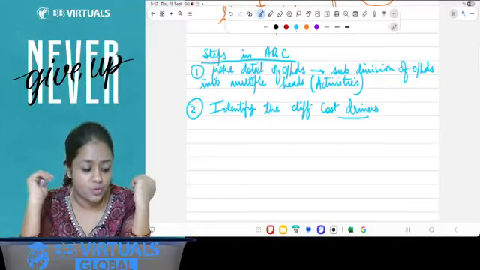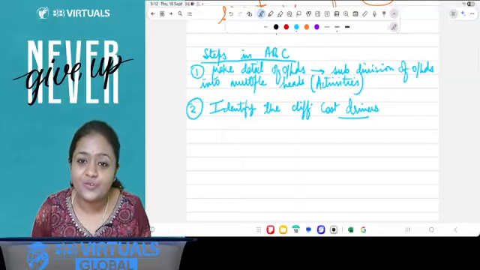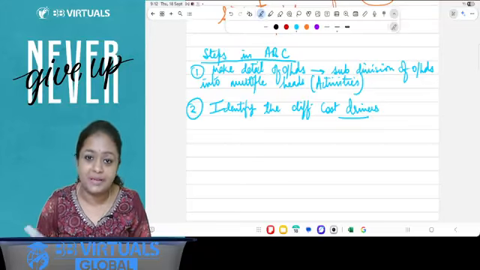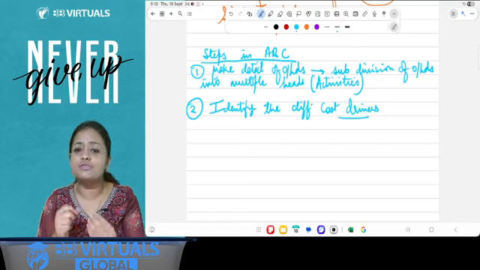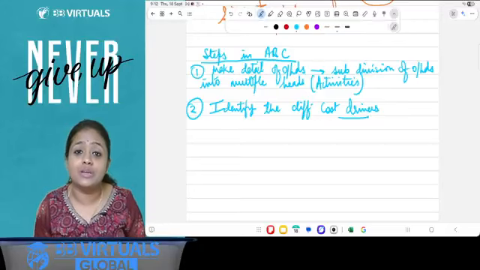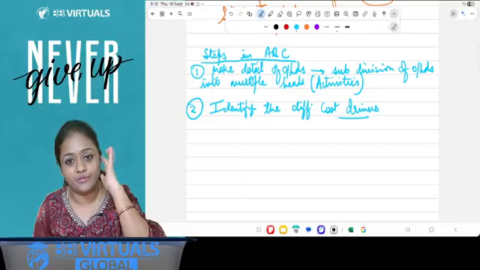So let's get a hold of it. Identify the different cost drivers that drive these costs. We just took some examples and I will also give you some comprehensive examples so that the moment you look at it in the exam, your brain will start, okay, this is the cost driver for it.